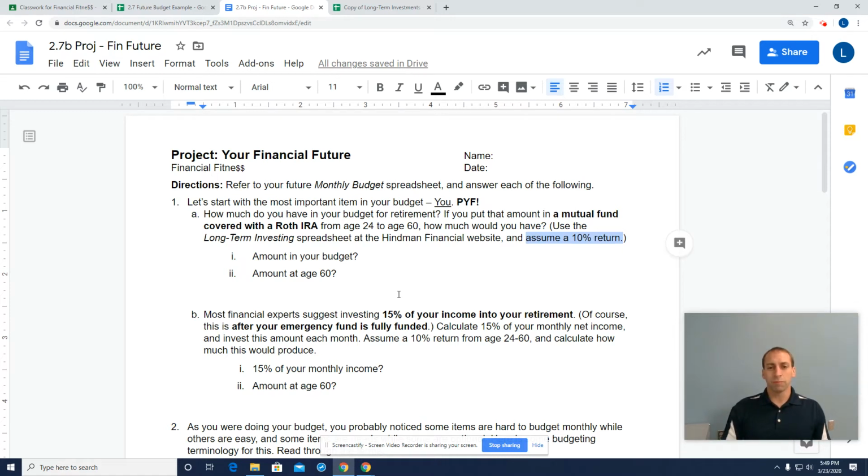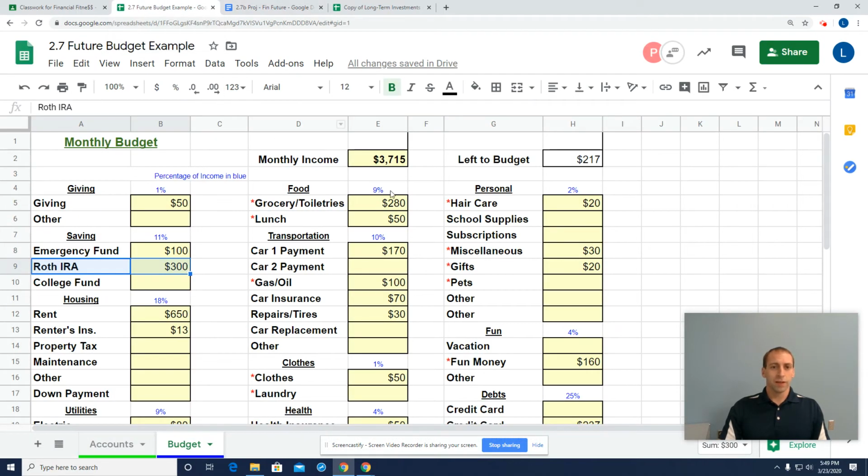When you're done with that, 1B says, and this is very important for you to catch a hold of, a lot of finance experts will recommend 15% of your income is what you should invest for retirement. So if I go back to my budget example, and here is my monthly income right here, if I do 15% of that, I'm just going to do it right under that cell, equals 0.15 times 3,715.